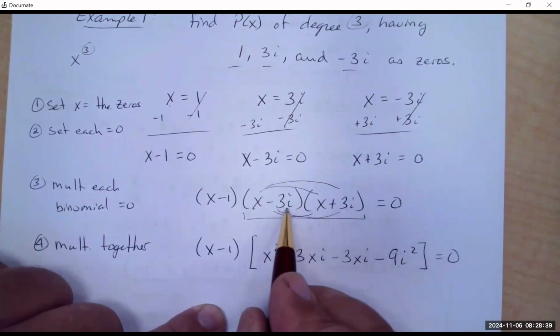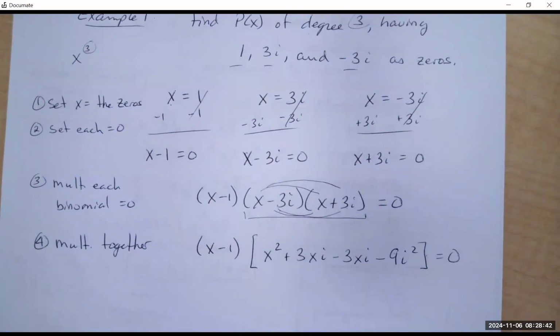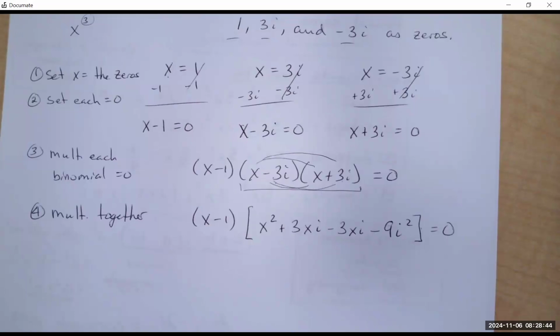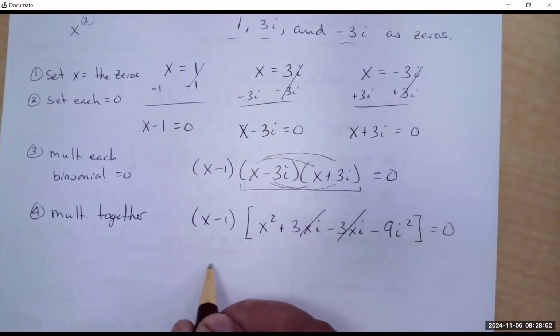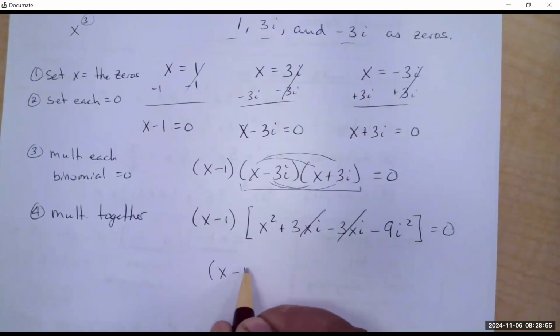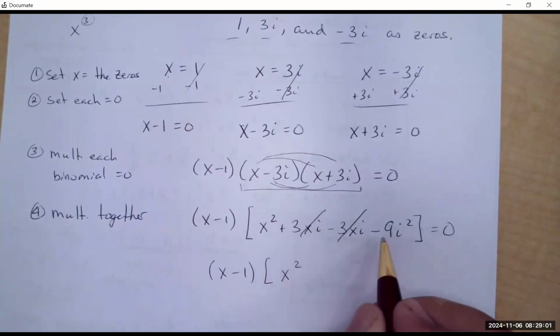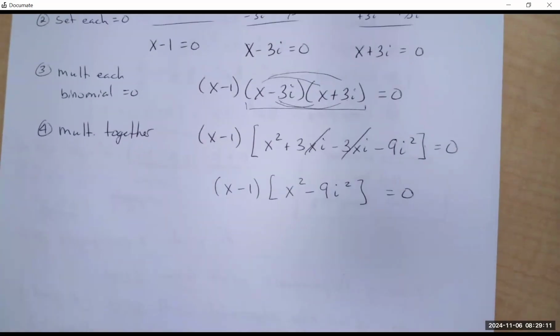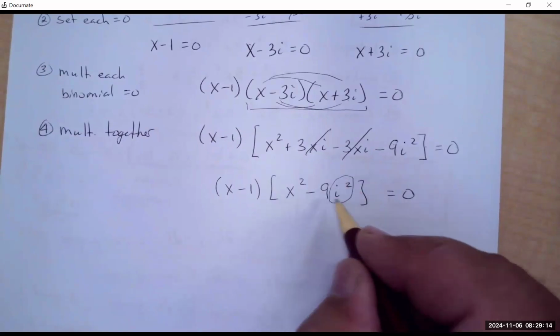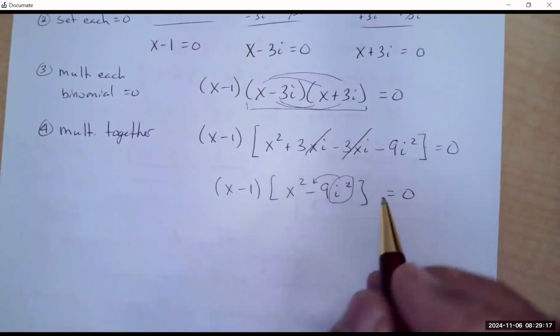Because 3 times 3 is 9, i times i is i squared. Combine like terms, so the middle terms cancel. We have x squared minus 9i squared. I squared equals negative 1, so that changes the sign of its coefficient.